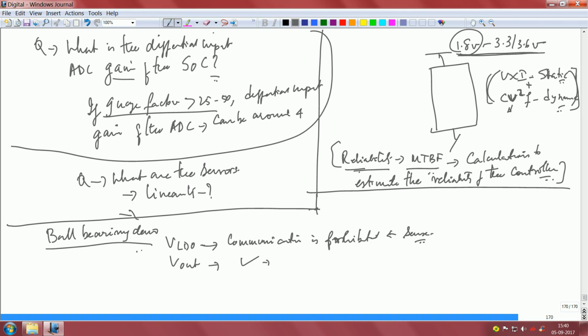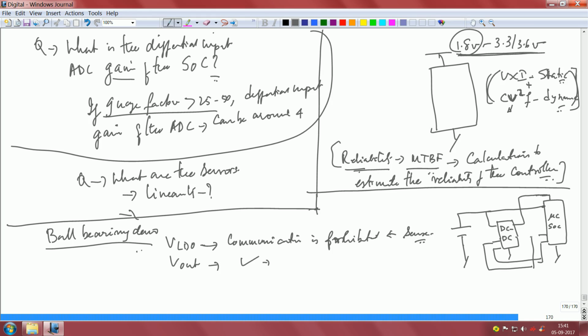Clearly, if you are able to sense the battery voltage on any of the analog pins of the microcontroller SoC, and the operating voltage itself comes from the DC-DC converter, and two programmable pins are available to you.